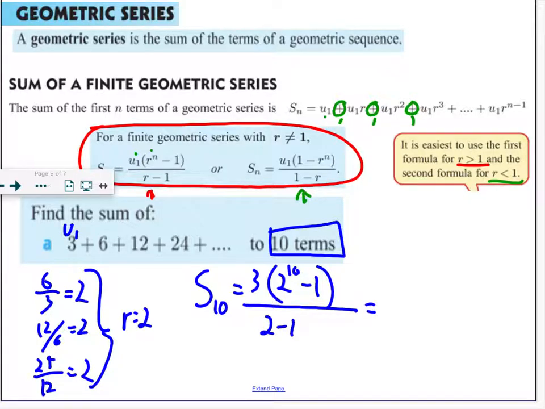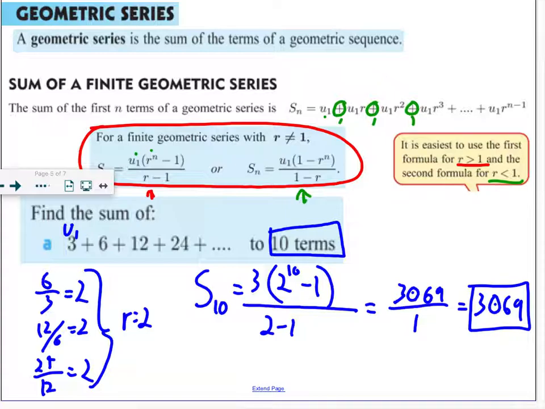If I use my calculator, I get 3 times 2 to the 10th minus 1, which is 3,069 divided by 1, so it's just 3,069. That is the sum of the first 10 terms of that sequence.